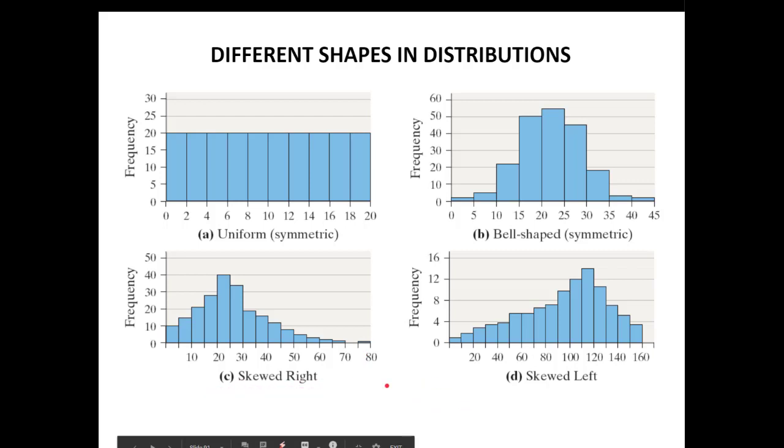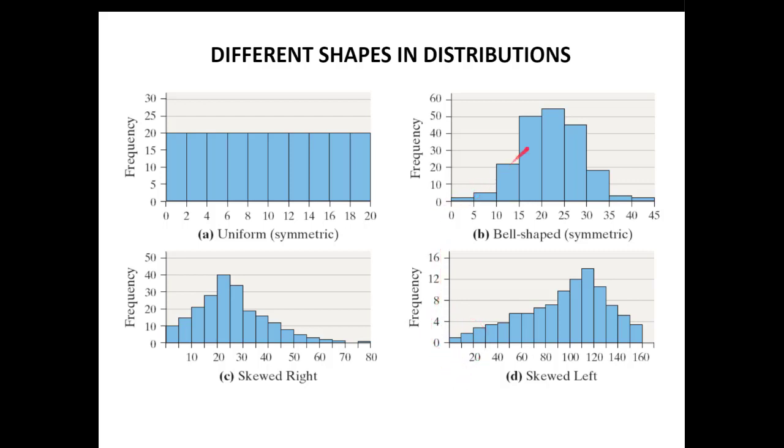The opposite of right skew would be figure D, where it has some values that are much less than the majority of the data, which exists right around here. This outlier to the left is causing this long left tail to appear, and it's causing this left skew. We can describe this data as a left skew.